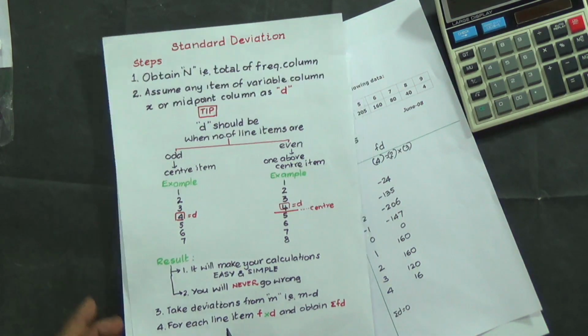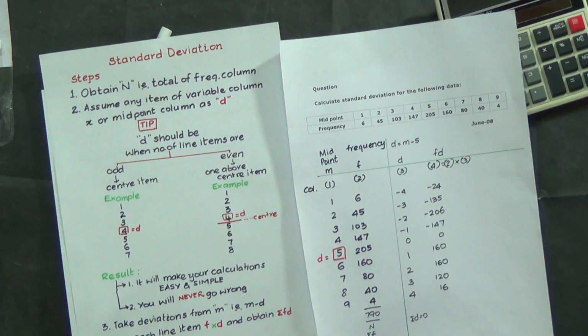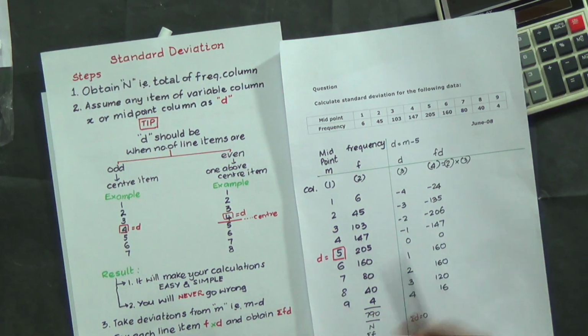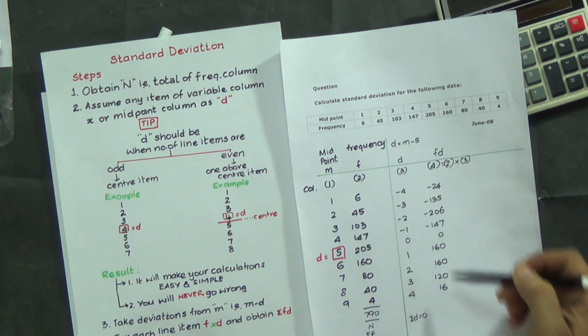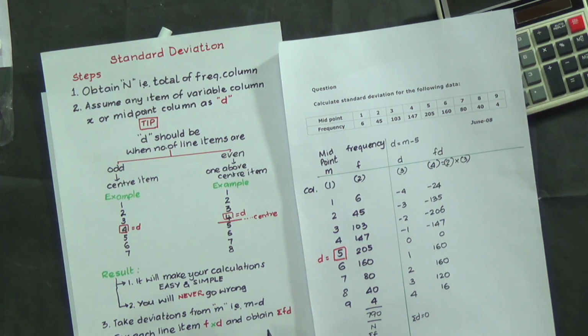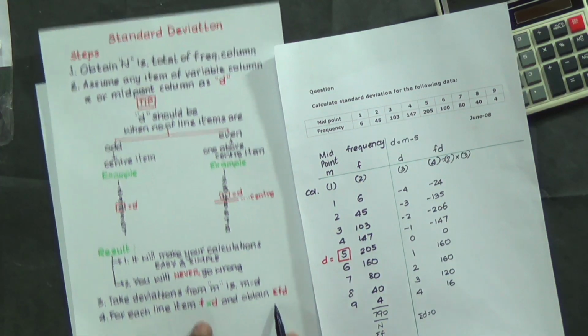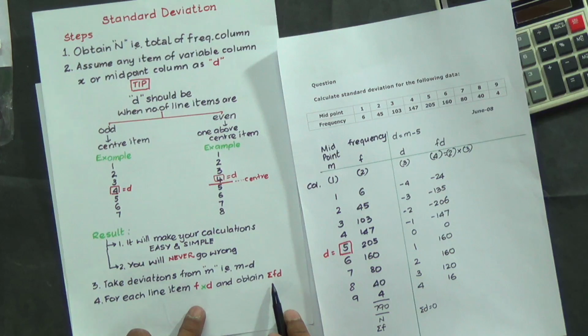For each line item, multiplying f into d, you got the fd column, and then obtain sigma fd. Sigma means total. F into d, total of this column, sigma fd.